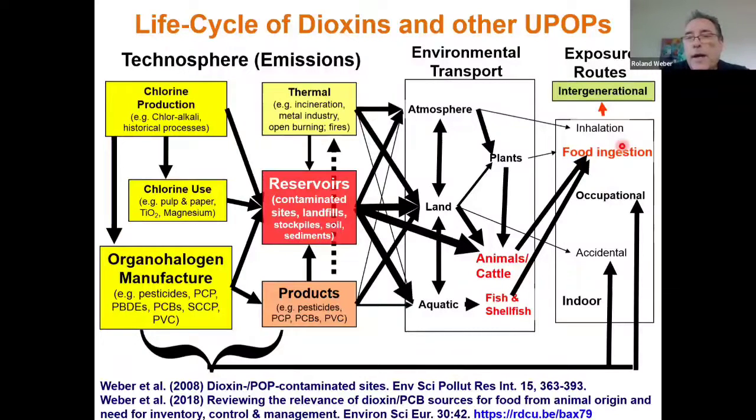And unfortunately, dioxins are very persistent, are also very persistent in humans. So over time, over the decades, dioxins accumulate in humans, and then they can be transferred to the next generation by human milk.